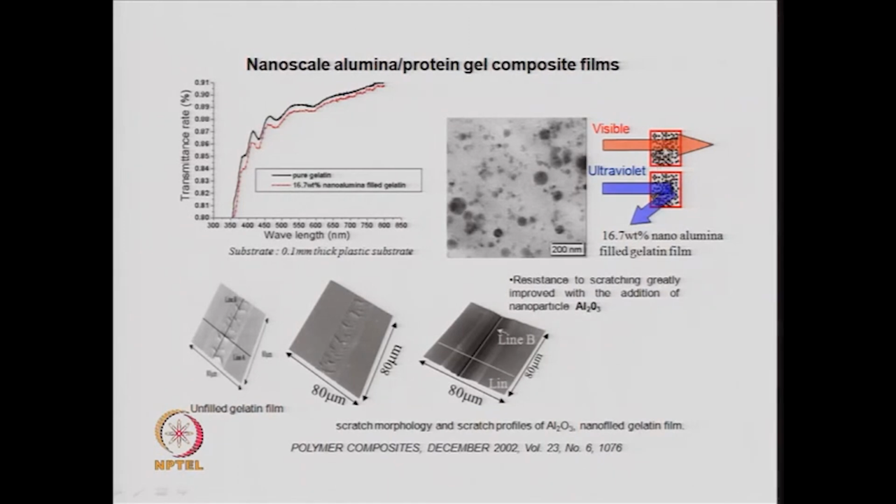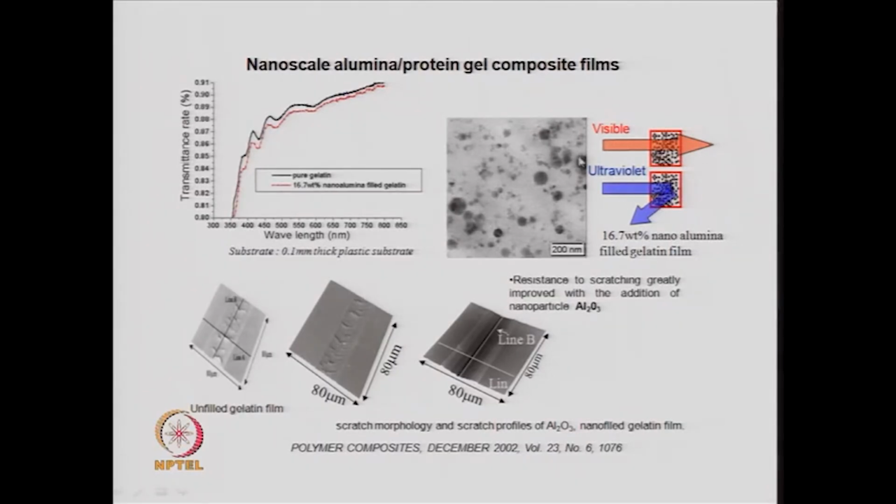And this is a diagram to show that visible light is being passed. In this nanoparticulate film, it allows visible radiation to go through, whereas the ultraviolet radiation is scattered back, which you want. In many applications you do not want the UV rays to go through the film, and only the visible rays to go through.